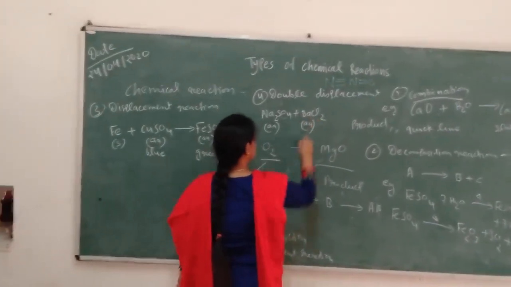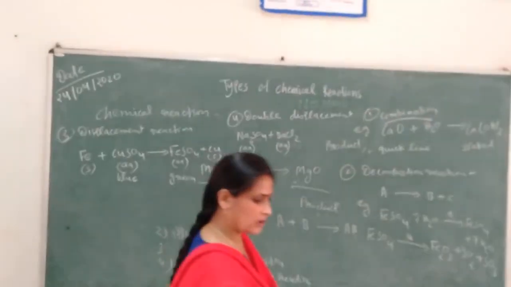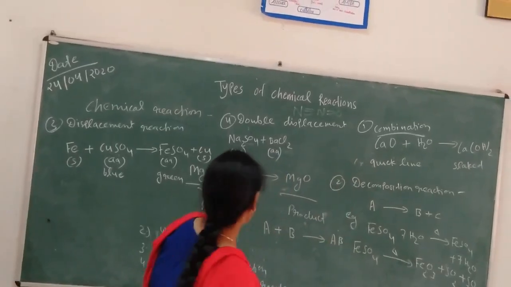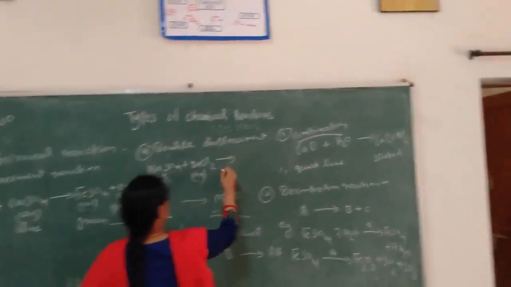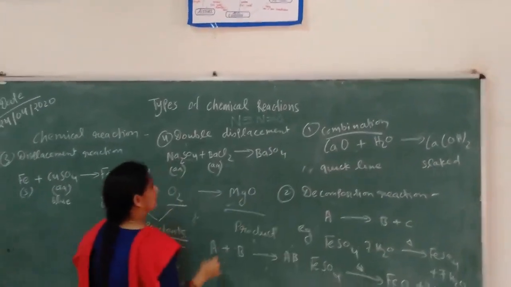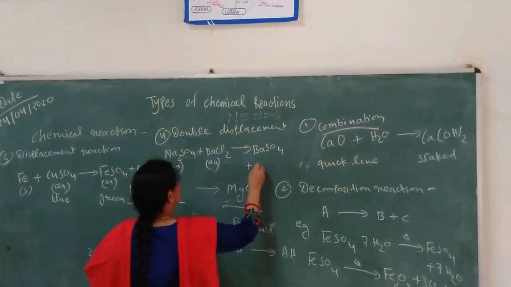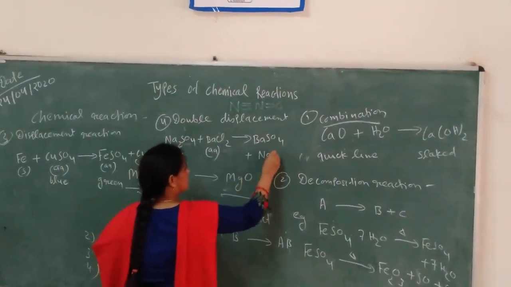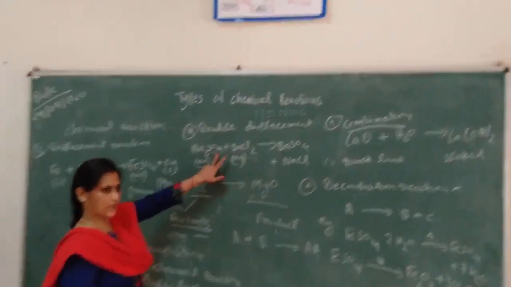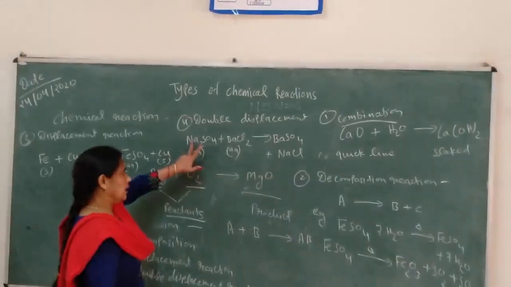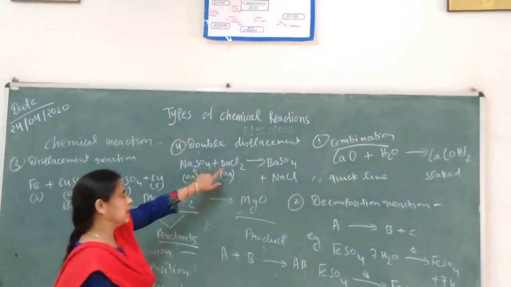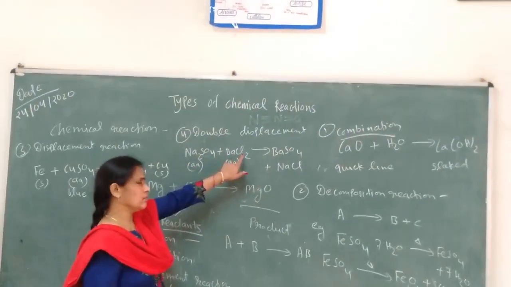When these two compounds are mixed together, what will happen? It changes into BaSO4 and NaCl. In such type of reaction, exchange of ions takes place. Here two ions are there, Na+ and SO4 2- ion, and here also Ba2+ and Cl- ions.